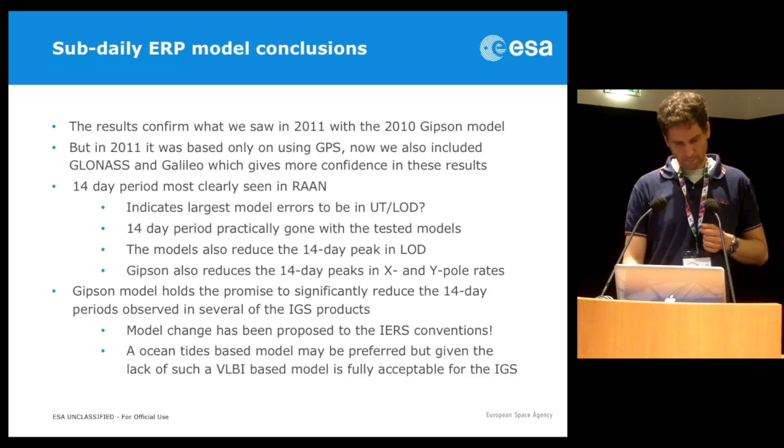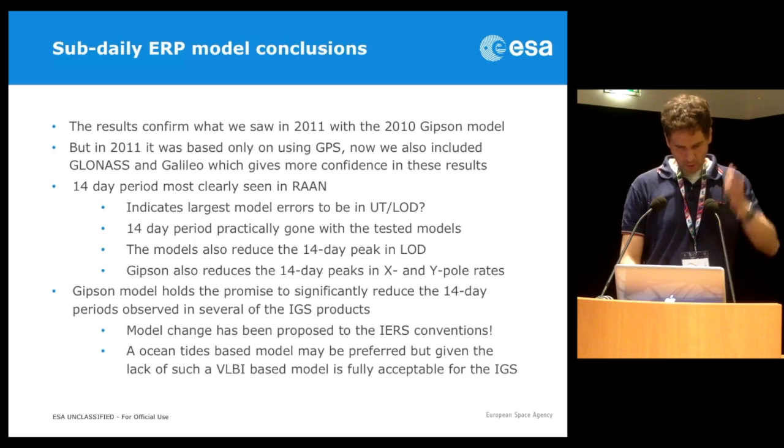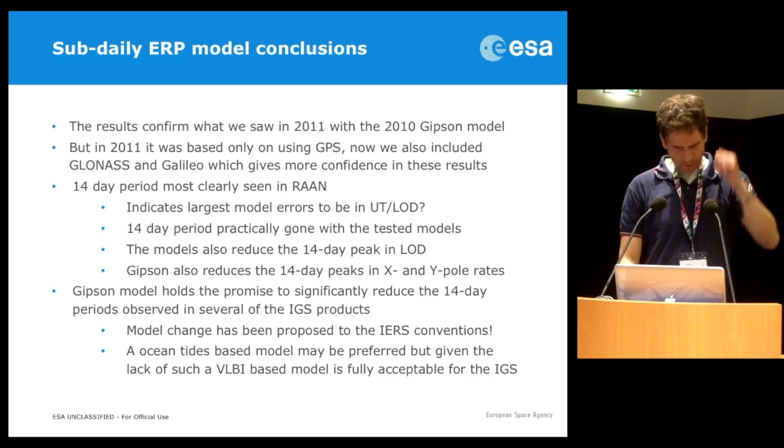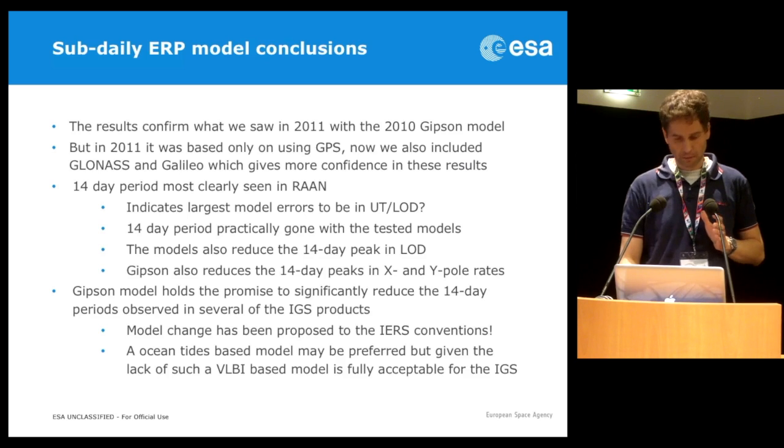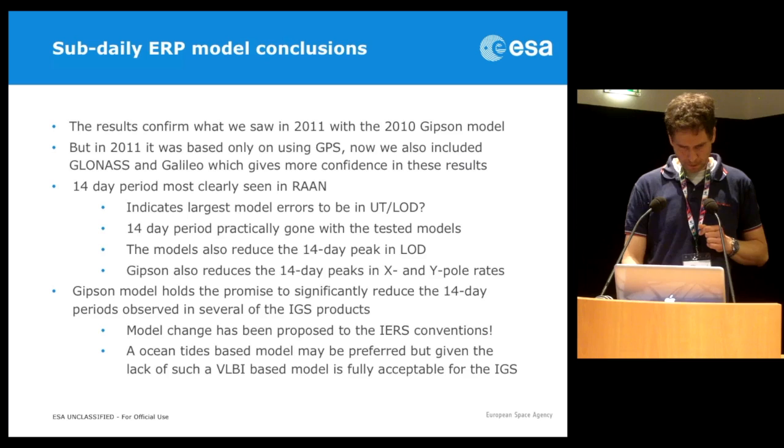We see a clear 40-day period in the right ascension, which is practically gone with the Gibson model, and that's why Tim proposed a change to the IERS convention to adopt this model. More about this will be discussed next week at the Unified Analysis Center workshop. So that's it for the ERP modeling.